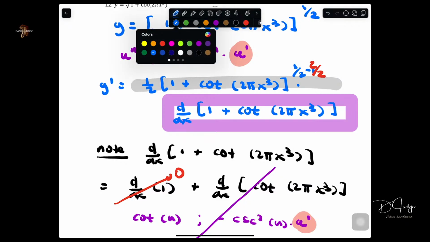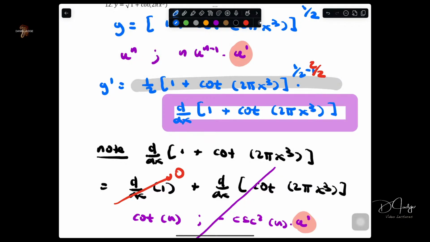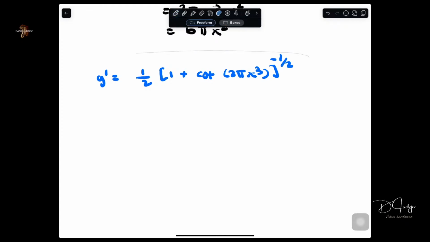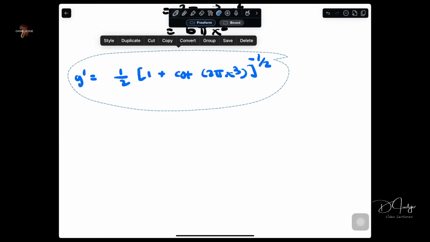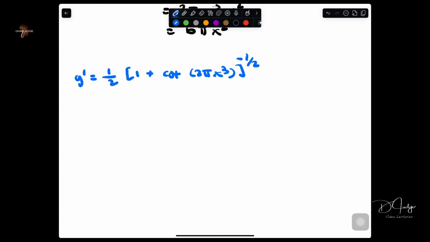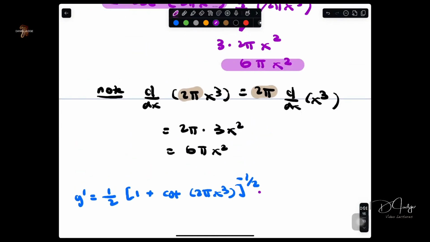And so y prime will be 1/2. That's going to be a minus 1/2, by the way. So y prime is going to be 1/2 times 1 plus cotangent 2 pi x cubed to the minus 1/2. That was the first part. Now I'm going to multiply the chain part, I guess. And I'll keep it in that purple color.